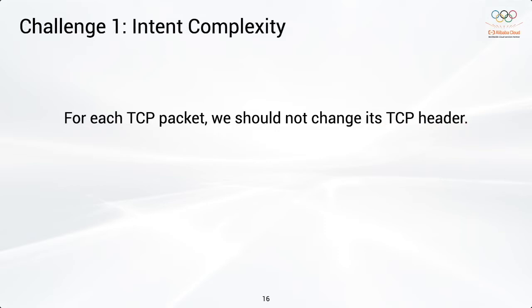The first challenge is about the intent complexity. It's not easy to describe some intent accurately in a simple way. For example, see this intent: for each TCP packet, we shouldn't change its TCP header. It's very natural for us to understand it, but from a verifier's perspective, what's the definition of a TCP packet?